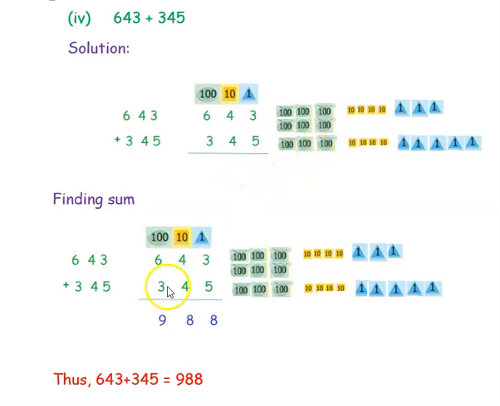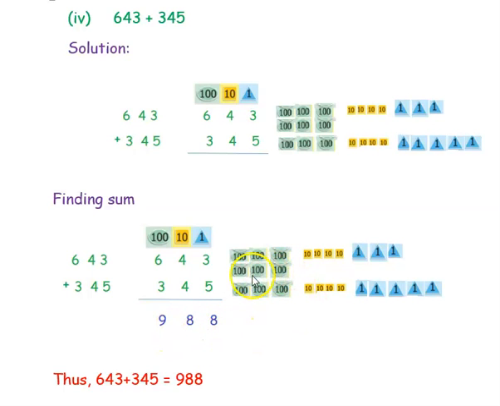Okay, next step we will find the sum of all these. We will count the number of ones and write it in the ones column. So 1, 2, 3, 4, 5, 6, 7, 8 ones, so I have written 8 in the ones column. Now we will count the number of tens: 1, 2, 3, 4, 5, 6, 7, 8. So I have written 8 tens in the tens column because it is less than 10, so we write the number as such.